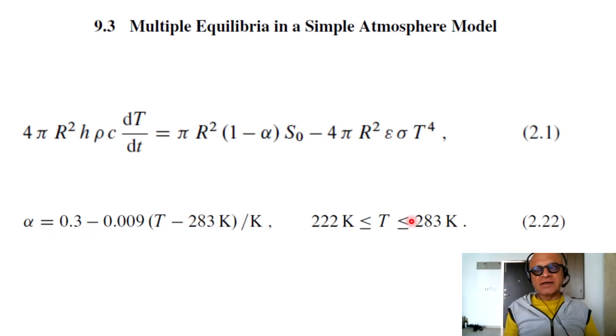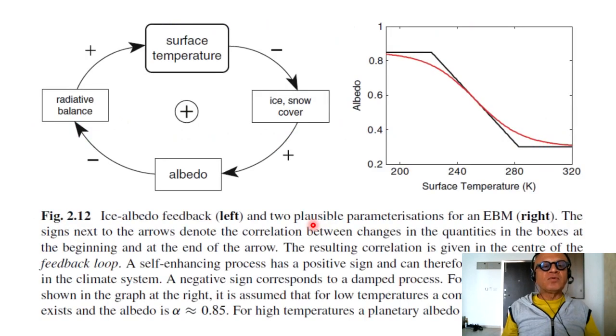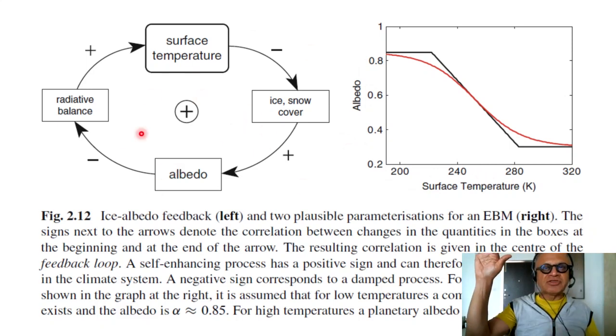They were looking at ice age transitions and came up with this. Well, basically Pierre Sellers came up with this, and we also looked at ice albedo feedbacks, where we looked at albedo and surface temperatures with the positive feedback in either direction, melting of the glaciers or building of the glaciers.